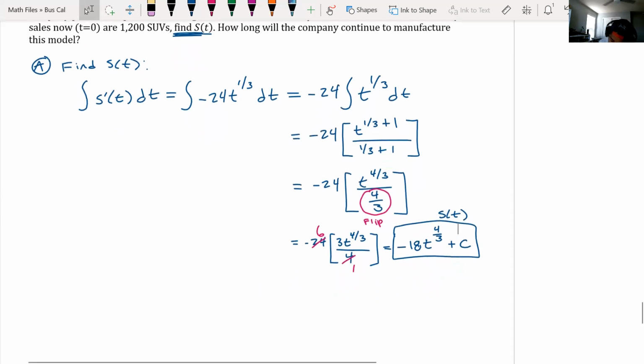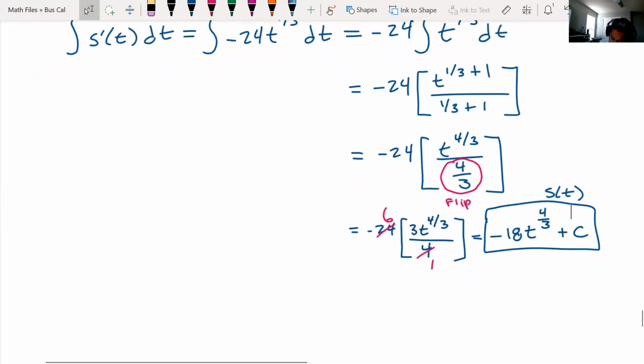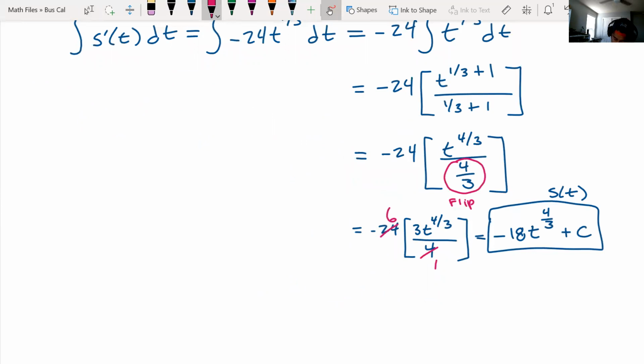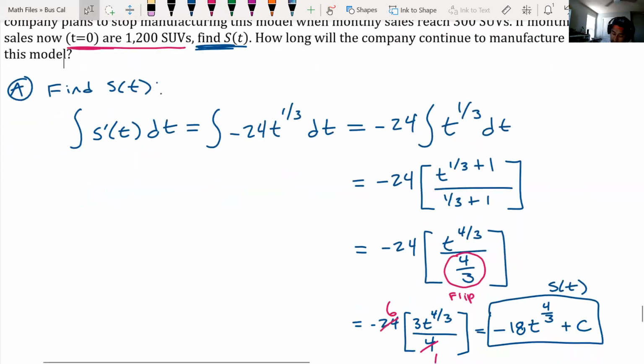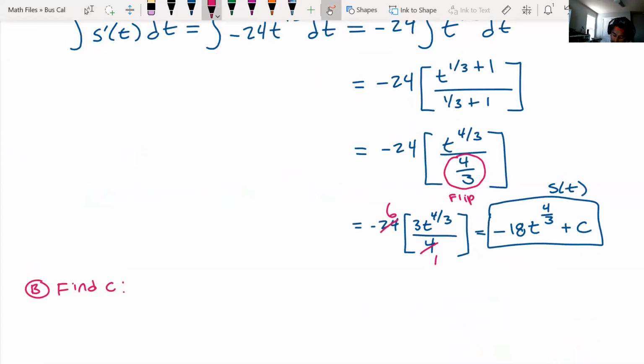Okay, good. So here we're going to find C now. And we're going to use one of the clues they're giving us. They're saying that when time is 0, there are 1,200 SUVs. So what that means is that at S of 0, we have 1200.